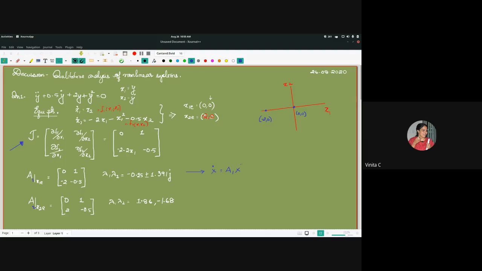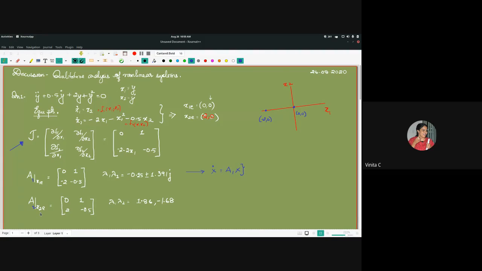This is near the neighborhood of the equilibrium point 0, 0. അപ്പം ഈ non-linear equation linearize ചെയ്തിട്ട് I am going to study the behavior of the non-linear system in the neighborhood of the equilibrium point 0, 0.